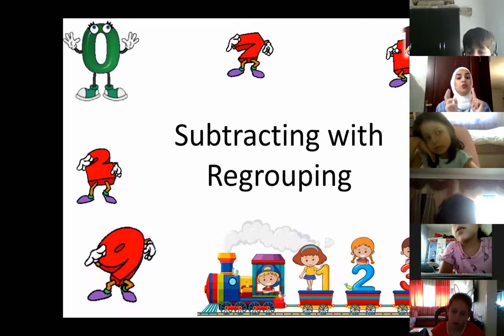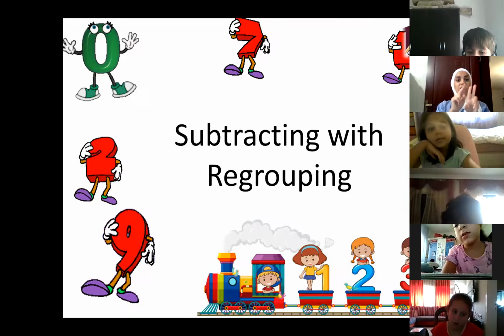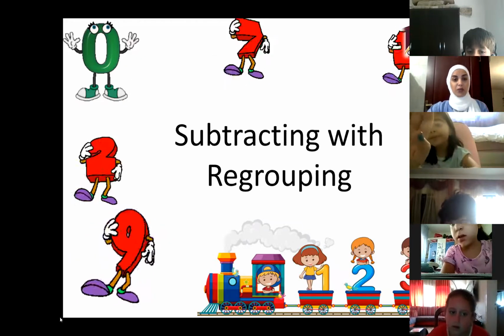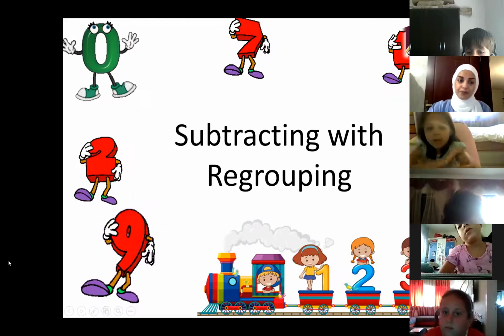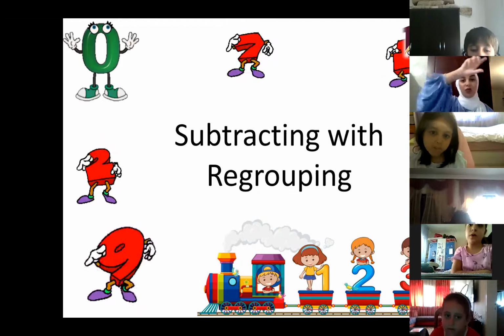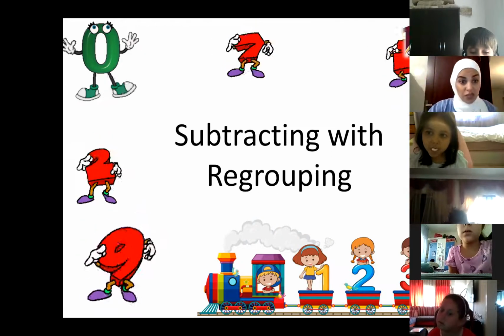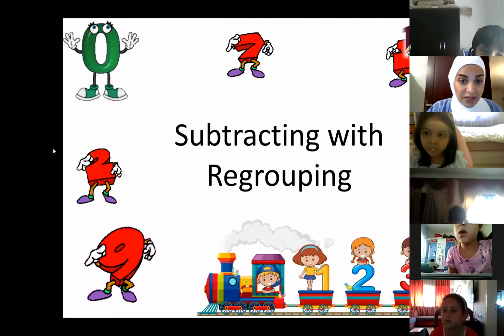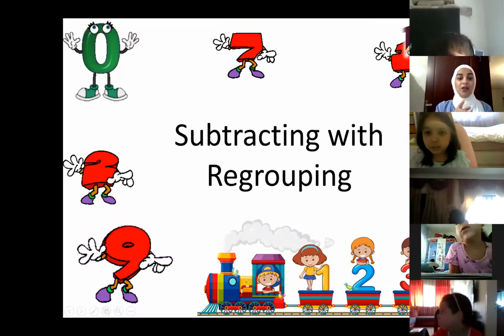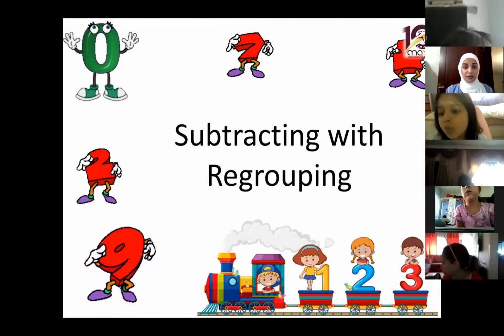So when we regroup in subtraction, we change 2 numbers. That's why in subtraction, you have more than one box at the top, to change 2 numbers. One of the numbers is getting bigger and the other is getting smaller, right?